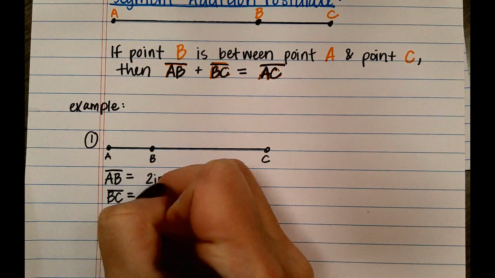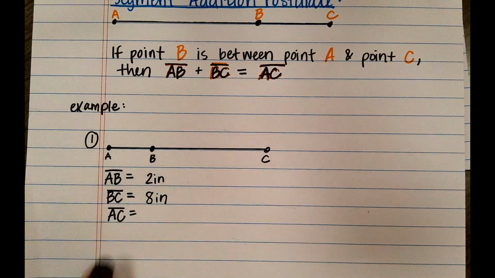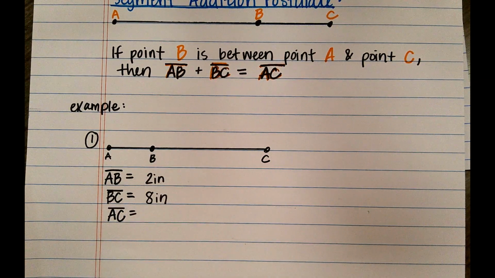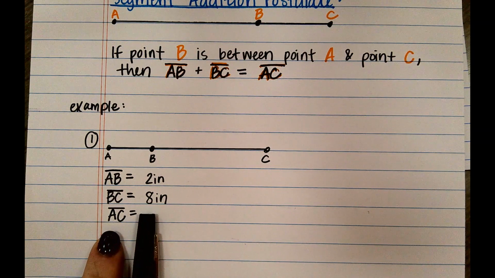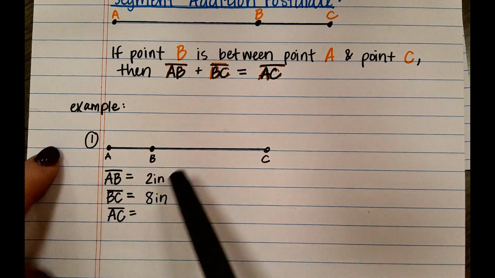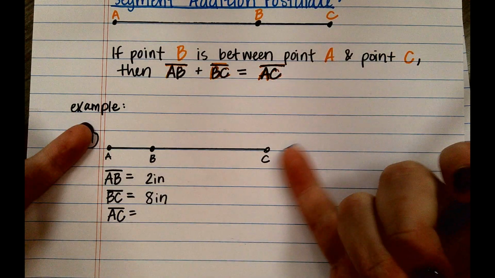Could we solve for the line segment AC? And how would we do that? Just add 8 and 2. And why can we do that? Why does the 2 inch plus the 8 inch give us the length of A to C?